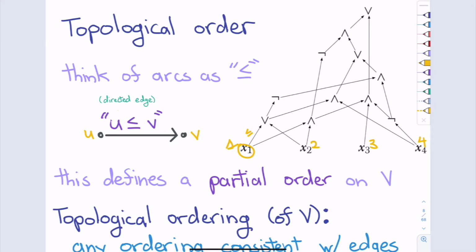Okay. What might be a reasonable candidate for fifth? I guess you guys can just shout it. All right, there's 5. How about 6?